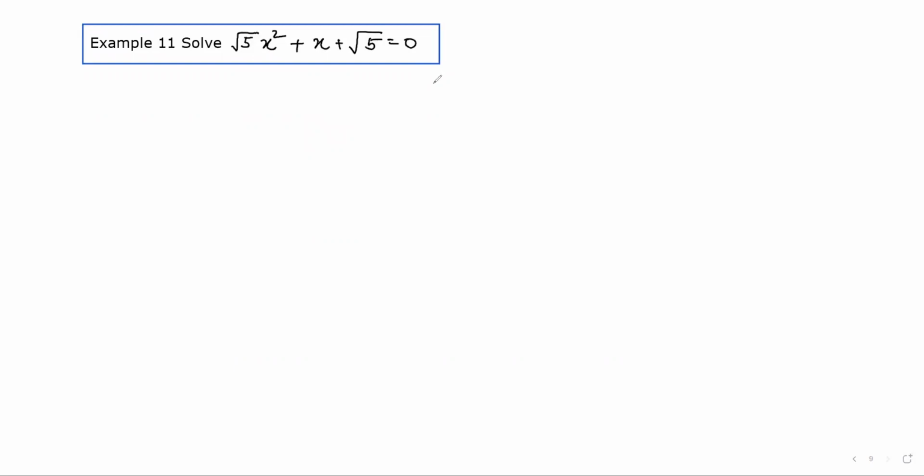Next, solve root 5 x square plus x plus root 5 is equal to 0. Again, you cannot split 5 such that your addition is 1. The value of x is equal to minus b, which is 1, plus minus root of b square minus 4ac upon 2a.